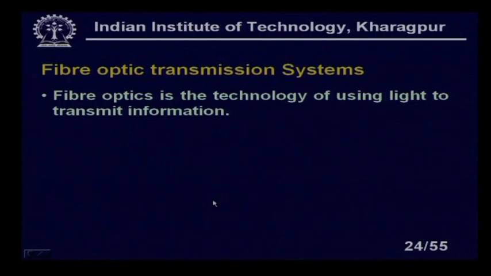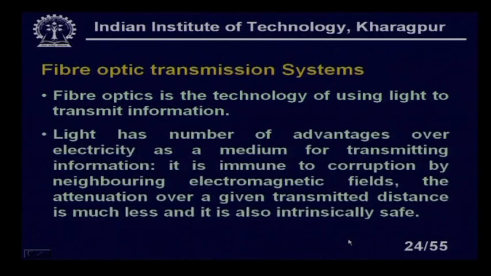Fiber optics is a technology of using light to transmit information. Light has a number of advantages over electricity as a medium for transmitting information. It is immune to corruption by neighboring electromagnetic fields. Two cables can go parallelly, whereas it is very difficult to put two electrical cables parallelly, because there are chances of crosstalk, right.